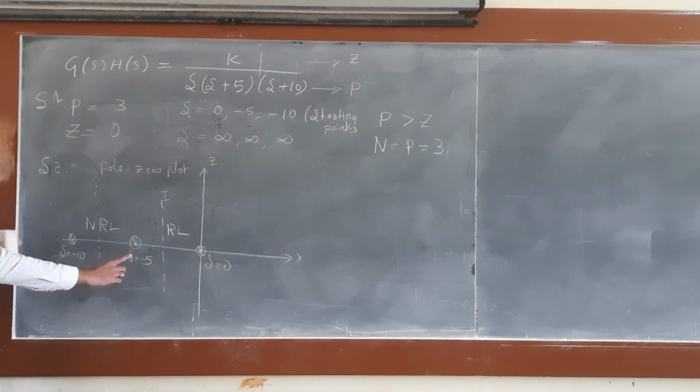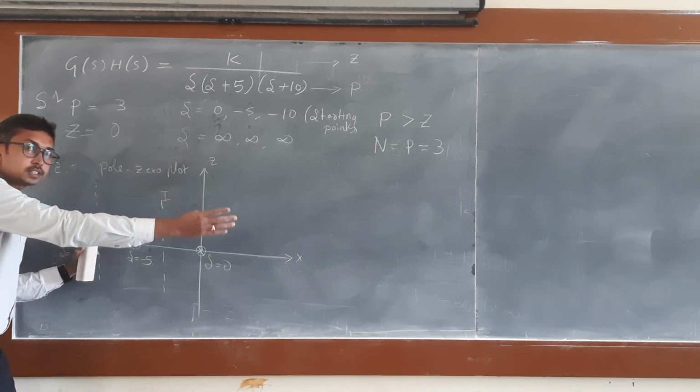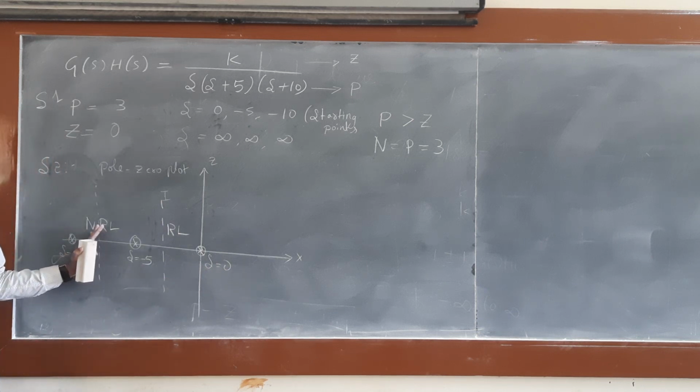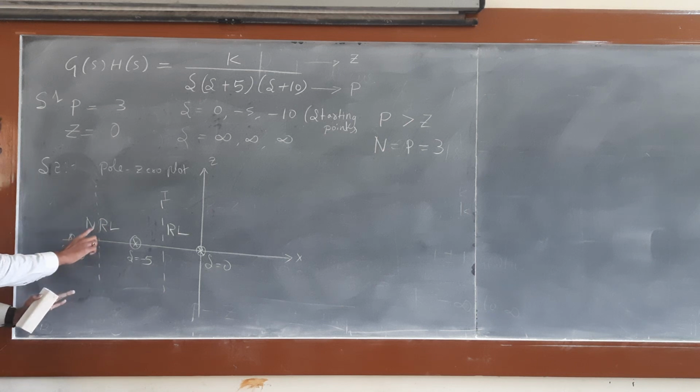Next, I considered two roots, minus 5 and minus 10. I had drawn an imaginary line. How many roots are there to the right side? Two roots, that is minus 5 and 0. Two roots are there, it's an even number. So if you find an even number, there is no root locus possible between minus 10 and minus 5.